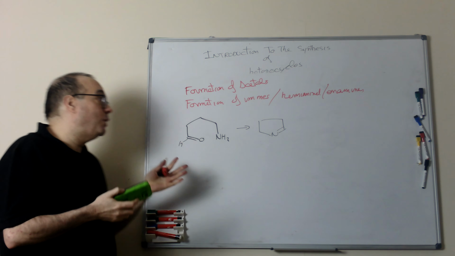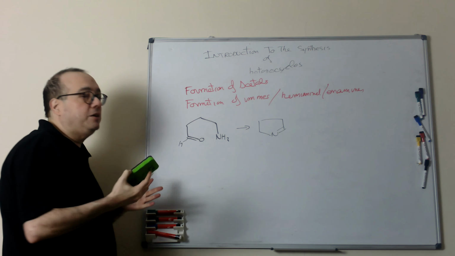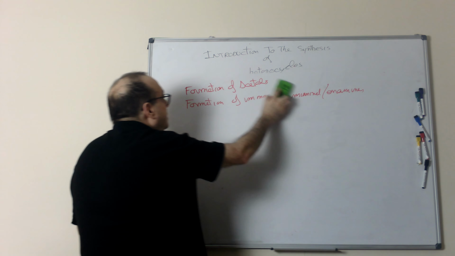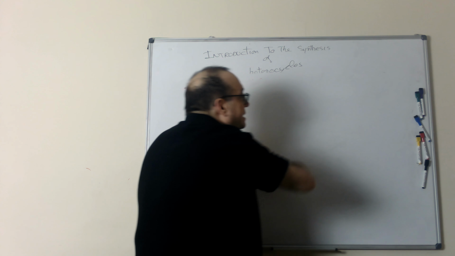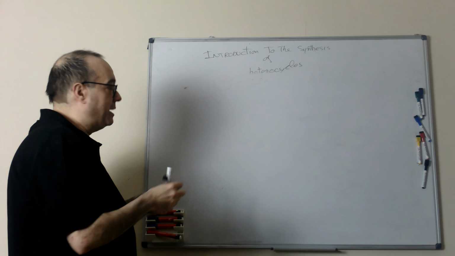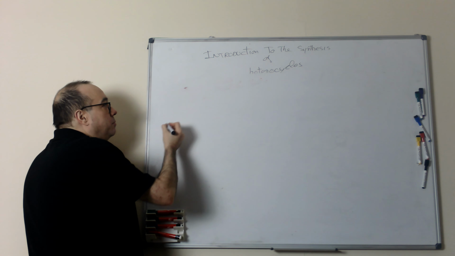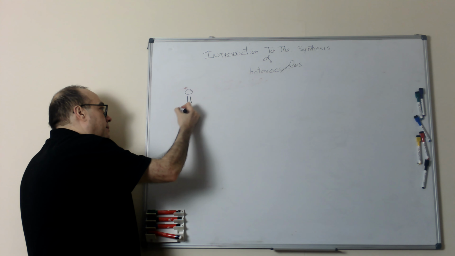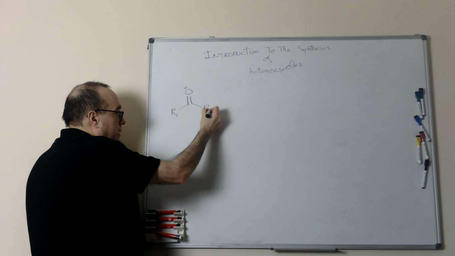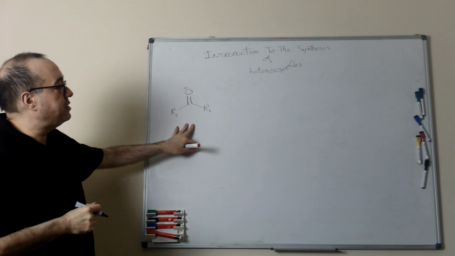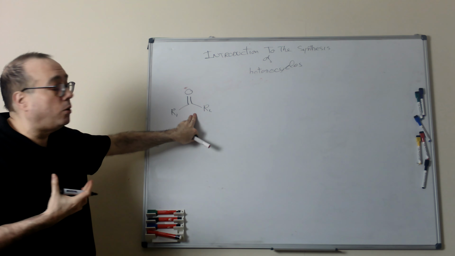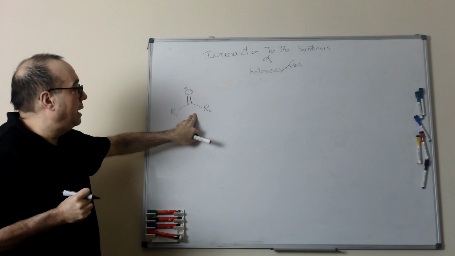And now what I will give you is an introduction, remember, say it as you wish, about the formation of acetals and the formation of amines, enamines, and hemiacetals. Okay, we will start with the formation of acetals. We have here a carbonyl compound that has to be an aldehyde or a ketone.